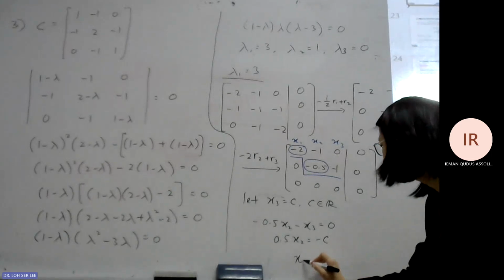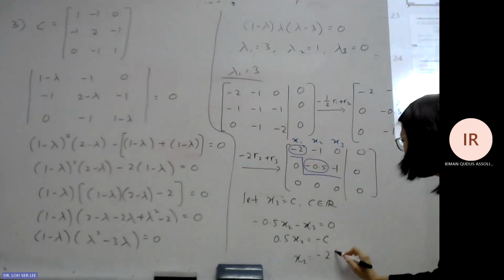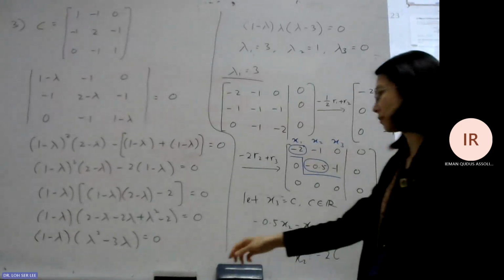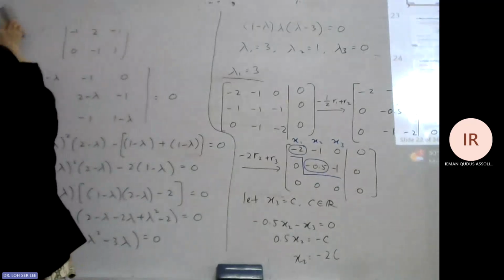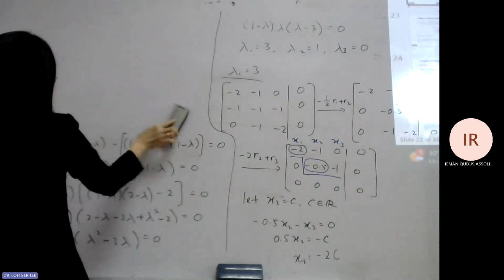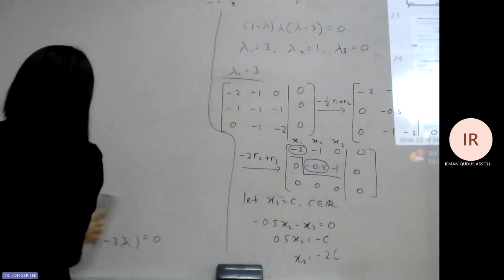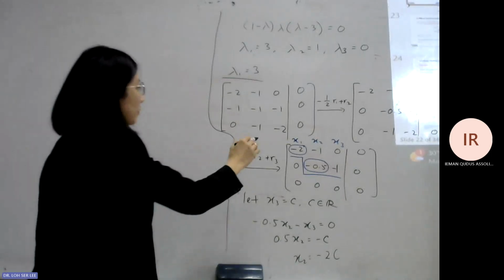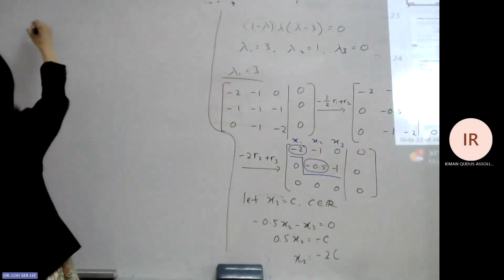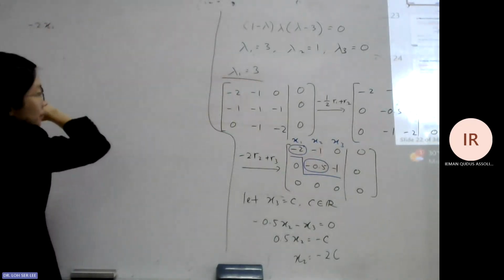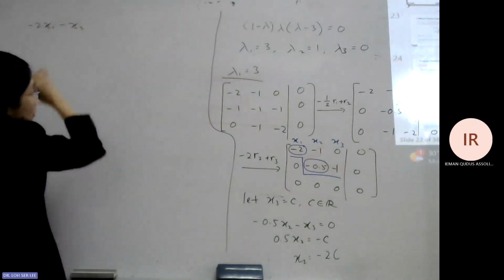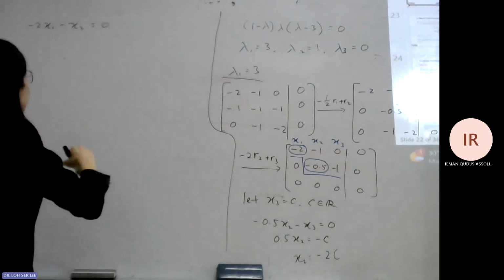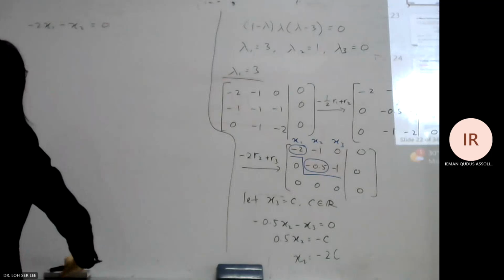So 2 is negative 2c. Okay, negative 2c. Then from the first row, negative 2x1 minus x2 equals 0.